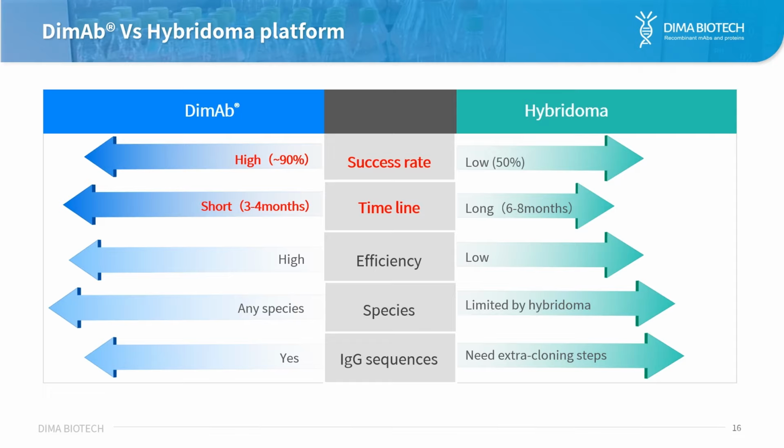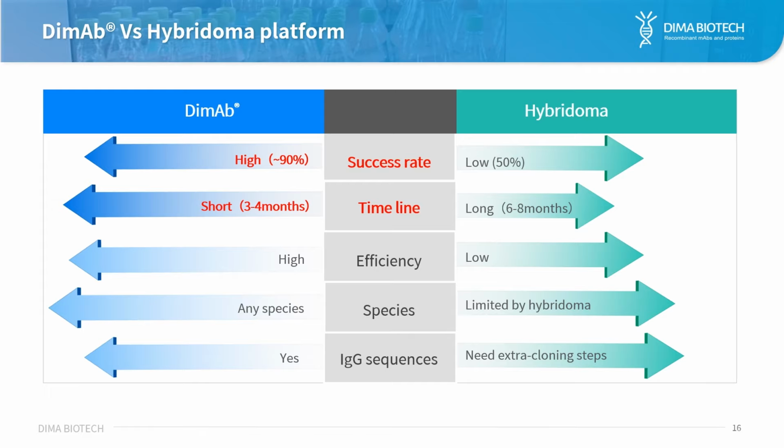Here is a side-by-side comparison between the DimAb platform and the hybridoma technology platform. In terms of success rate, DimAb is much higher. In our past experience with more than 200 projects, our success rate is 90%, whereas with hybridoma technology, due to the instability of hybridoma fusion and loss of B cells during the fusion process, the success rate is much lower.